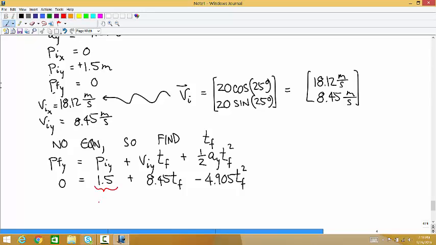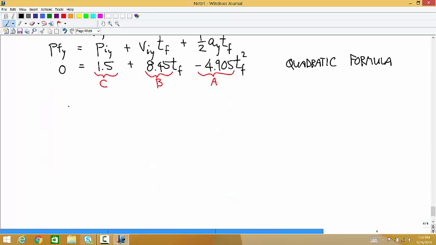And you can use the quadratic formula for this. That's the C because it's the constant. 8.45 is B. Negative 4.905 is A. And you get that TF is equal to something negative, and then something positive, 1.89 seconds.